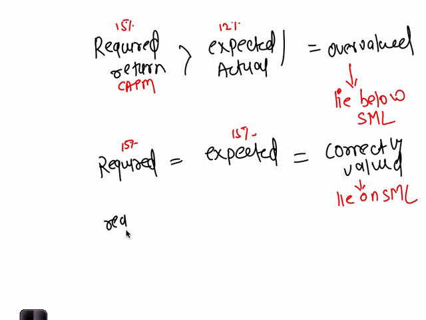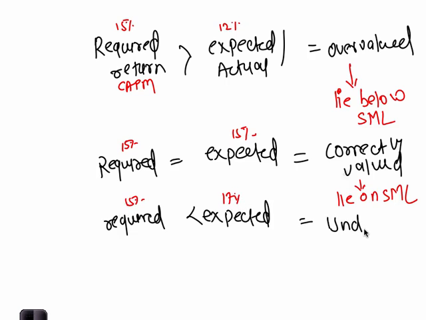And if required is less than expected, that means required is 15 but expected is 17%. We are earning more. Therefore this is an undervalued stock, and undervalued would lie above the SML.